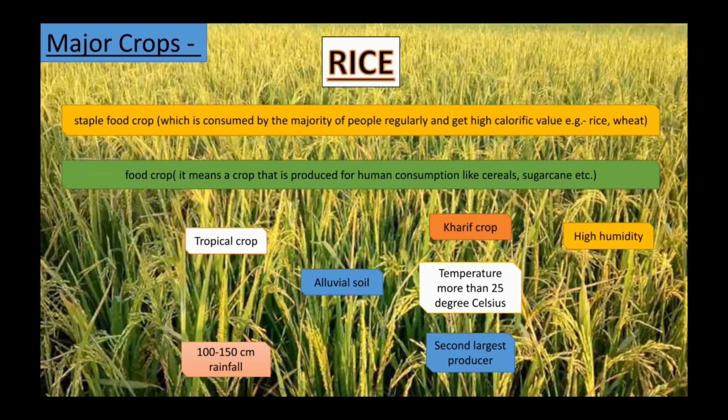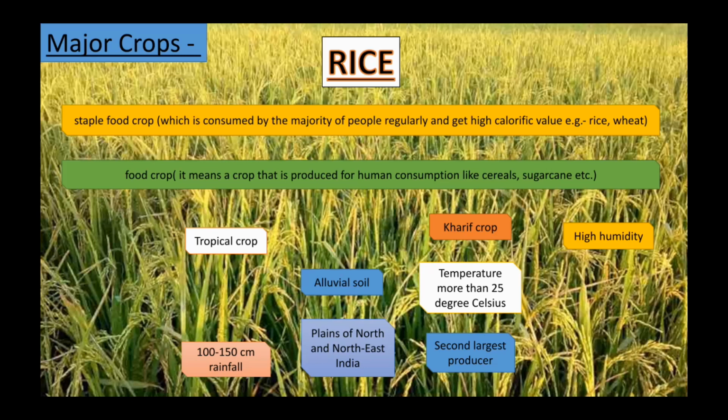My dear students, it is an important food crop, isn't it? So what is a food crop? It means a crop that is produced only for human consumption, like cereals, sugarcane and the like. It is grown in the plains of North and Northeast India, and also the delta areas of coastal India.